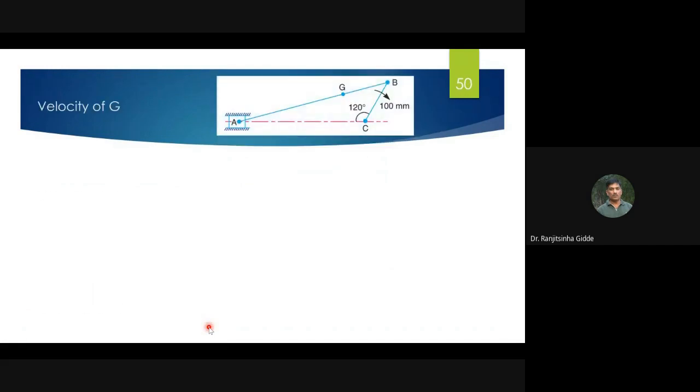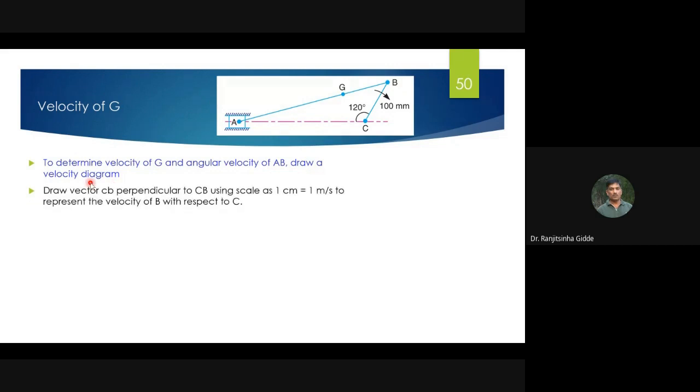Then to find out the velocity of G, the space diagram is repeated from the last slide. To determine the velocity of G and the angular velocity of AB, draw a velocity diagram. We got the velocity of B, that is VB, as 7.5 meter per second. We will take the scale 1 centimeter is equal to 1 meter per second. Accordingly, draw vector CB perpendicular to this CB.